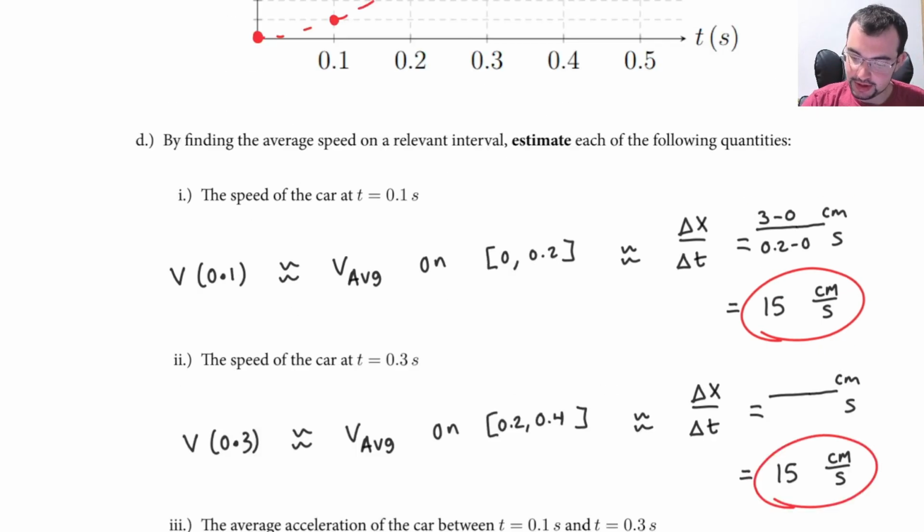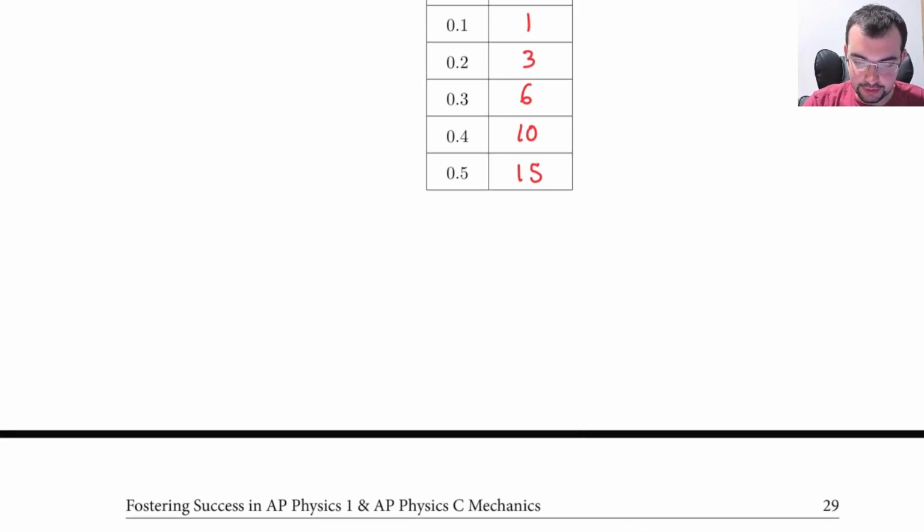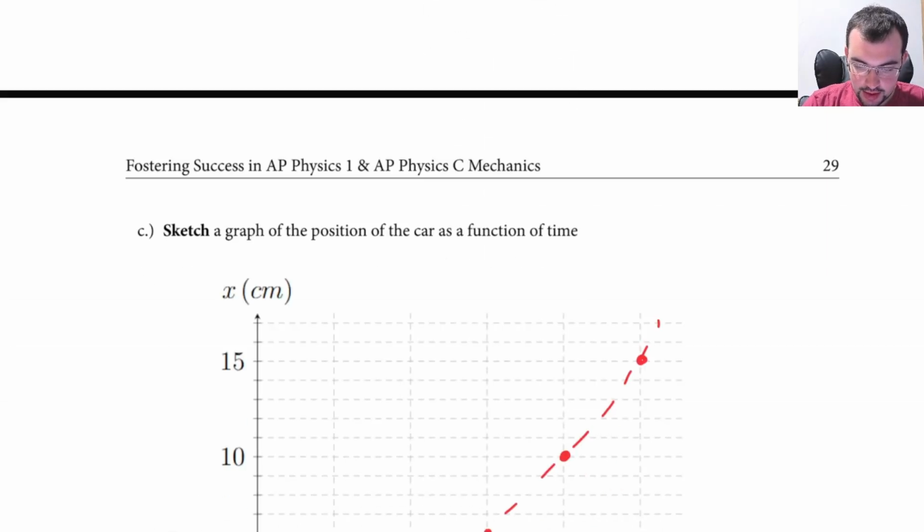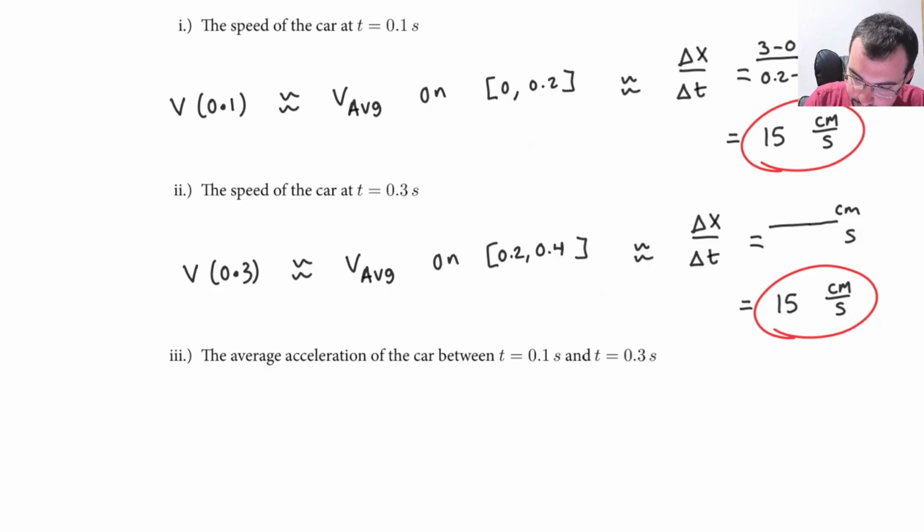So I just do the same thing. Between 0.2 and 0.4, at 0.4 I was at 10, at 0.2 I was at 3, and same idea. Notice this is definitely like a slope looking calculation. And typing this in, oh, who knows what this is, 35.